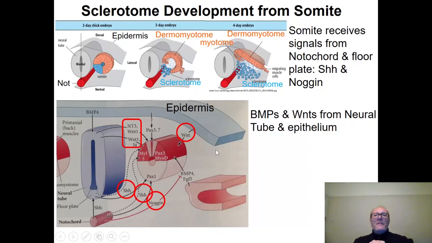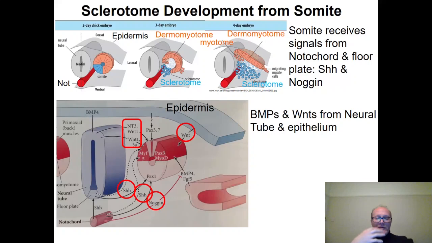If you remember, when we were talking about neurulation, we said that when the neural tube is going to form the different neurons, in the neural tube there is a gradient of expression of BMP signals from the dorsal part of the neural tube and SHH signaling from the ventral part of the neural tube. So if you don't remember, go and have a look at that lesson.